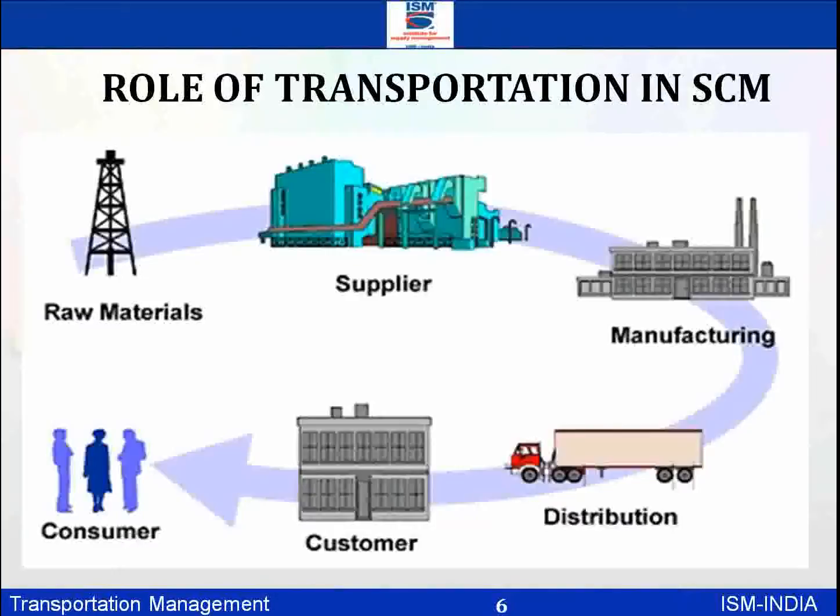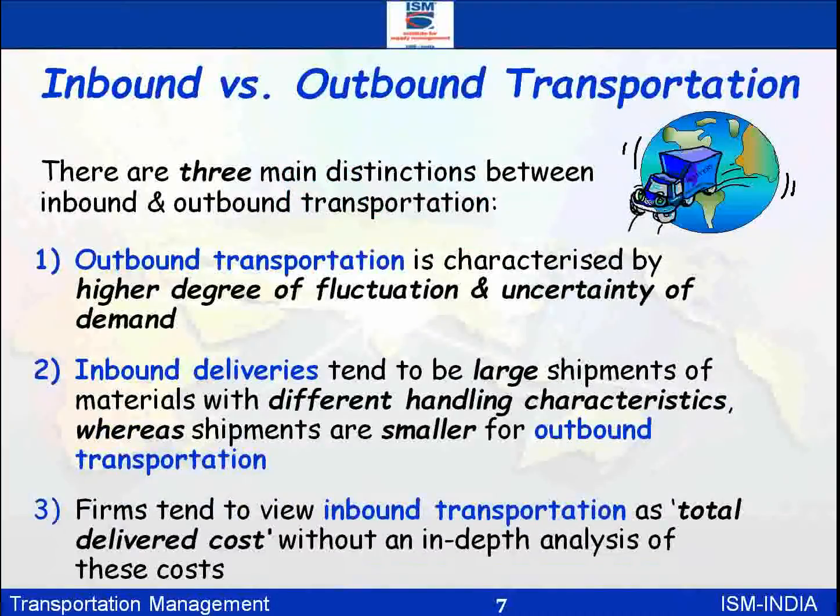But if you look at any typical supply chain in a global context, there must be 20-25 steps. You can imagine that at each step there's transportation. To move the raw material to the supplier, there's transportation. From supplier to manufacturing, again transportation. From manufacturing to distribution, again transportation. If you want movements, if you want an efficient supply chain, transportation plays a great role.